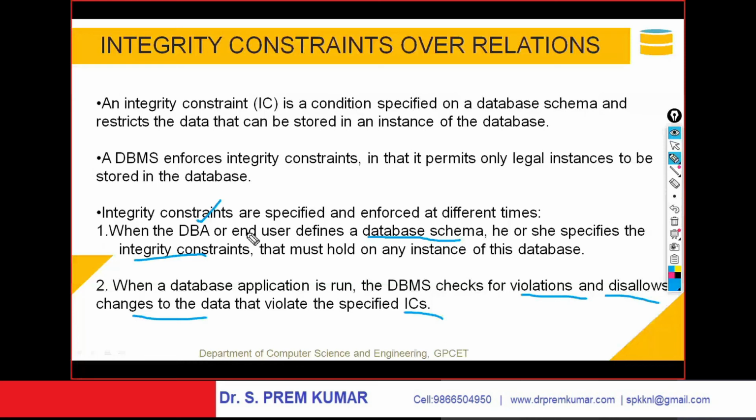There is a command called alter table. I'll demonstrate that. With the help of the alter table command, you can alter the tables. You can alter the constraints. You can add extra integrity constraints. Either while creating the table with create table, or with the alter table command. You need to memorize alter table.